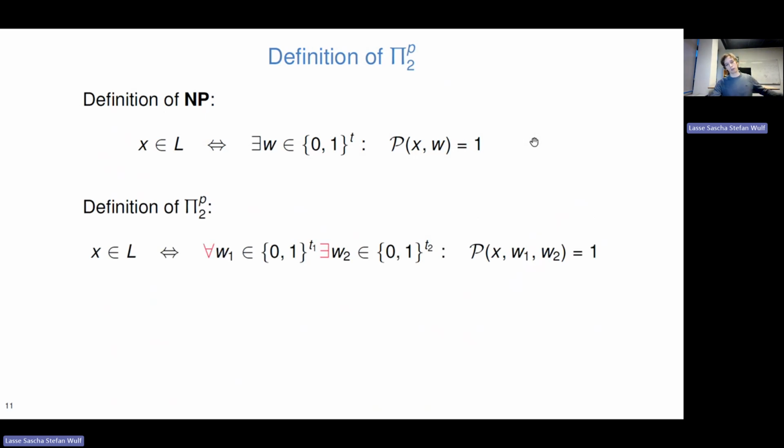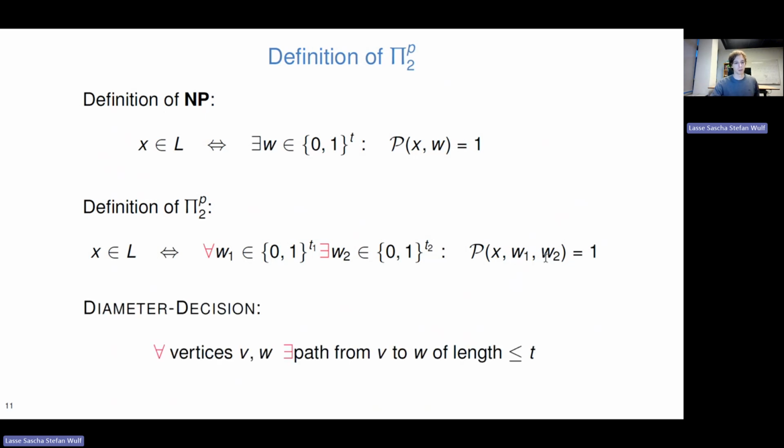And now Stockmeyer defined the so-called polynomial hierarchy, and today we are only concerned with the second level of the polynomial hierarchy, which is all words which admit the following pattern. Something is contained in Sigma 2 if and only if there exists a witness of the form: for all W1, there exists W2, such that some property depending on the instance and the witness W1 and the witness W2 holds.